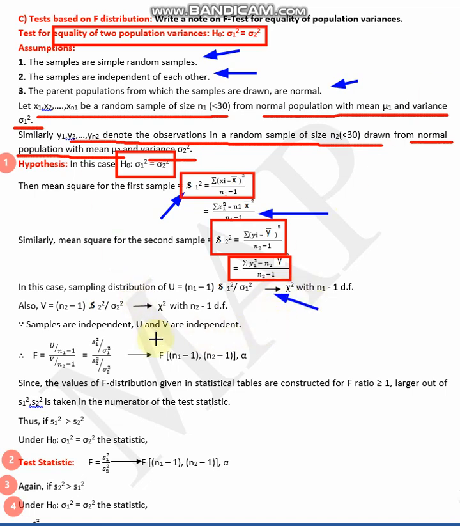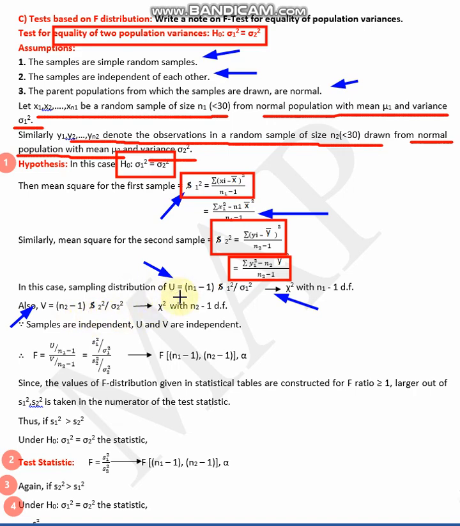Earlier we have seen a chi-square variate in which we defined that the variable u can be taken as n minus 1 s square divided by sigma square. Since there are two samples in this test, we take one value as u and the other as v. U represents the first sample, and v represents the second sample.